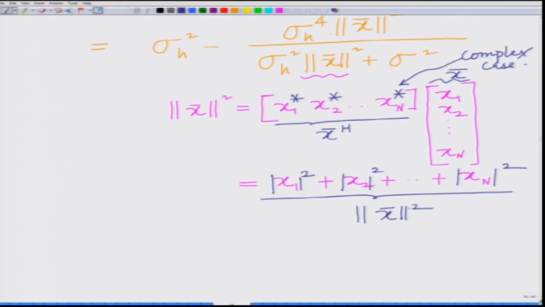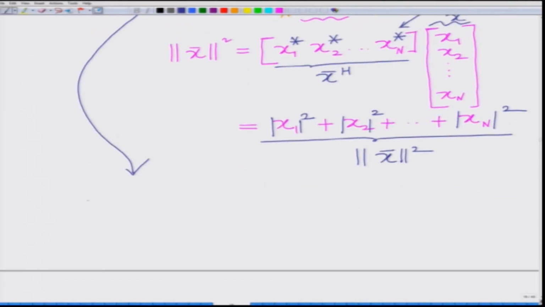Okay. And now therefore, you can simplify this part, just carry forward from where we have left off.